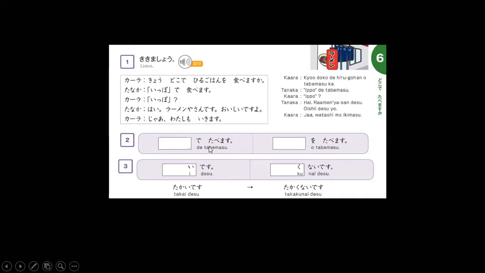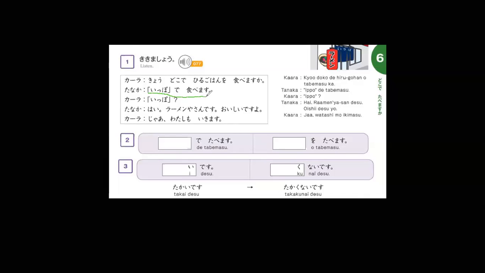Blah blah blah で食べます。Blah blah を食べます。So the first sentence is here. 一歩で食べます。And for the second, 昼ご飯を食べます。So before the で, we use the location, restaurant.